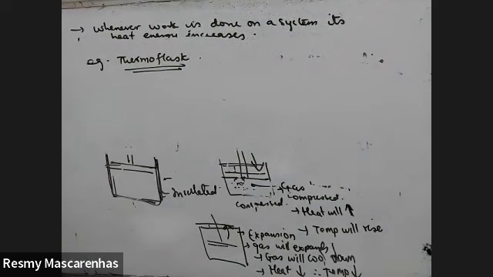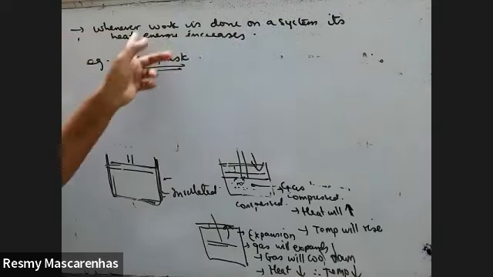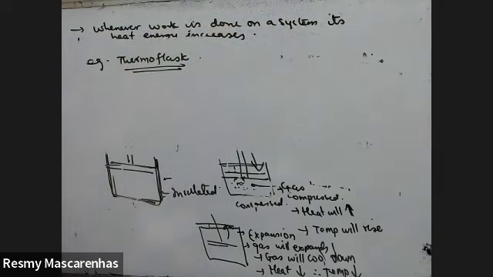If you move the liquid inside the thermoflask very quickly, not so much different, but at least slightly it will become hotter than before. Why? By moving or shaking the thermoflask, you are doing work on the liquid. So whenever any work is done on a system, its heat energy will increase. You can write that example and keep it.